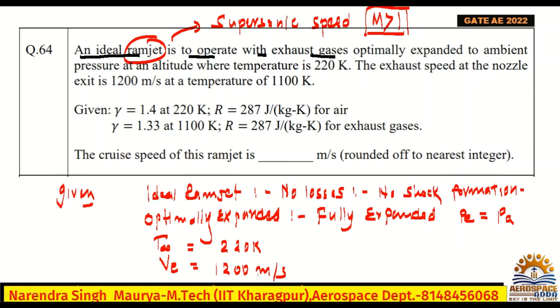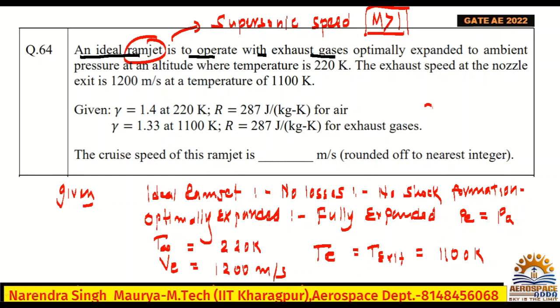It means the exhaust or exit velocity is 1200 meters per second at 1100 Kelvin temperature. It is the exit temperature, T exit. Remember, T exit, how much? 1100 Kelvin.